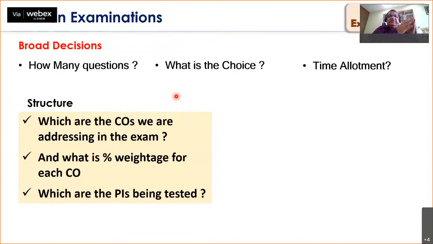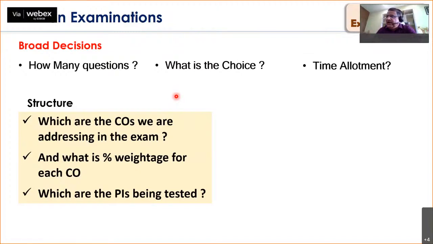We started writing COs, and since ours was an autonomous institute at the time, not yet a university, we usually focused on delivery of the course. When the semester exam comes, the controller of examination waits for all the faculty members to submit their question papers.